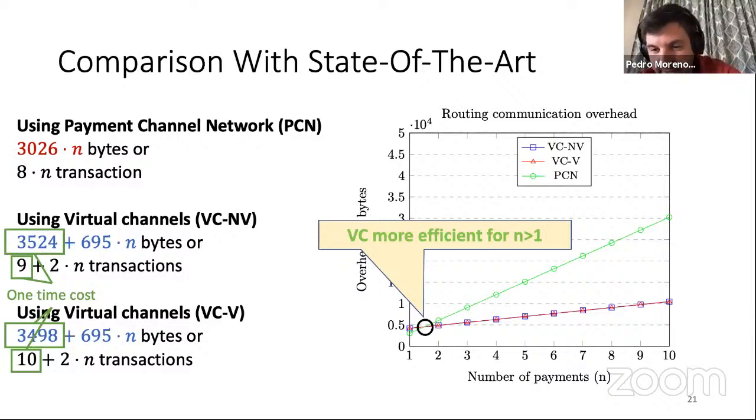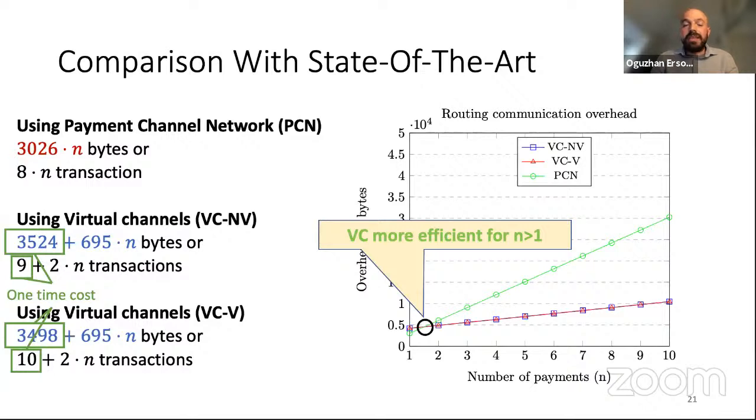Perfect, thanks. There is another question from Aravind. He's asking, from the two options that you have, validity and non-validity, which one performs better, or is there a trade-off between them? Well, what we see in this slide is that in the non-validity case, we have one less transaction, but the total size of the transactions is a bit higher than in the validity case. So in performance, they are almost the same, very close.